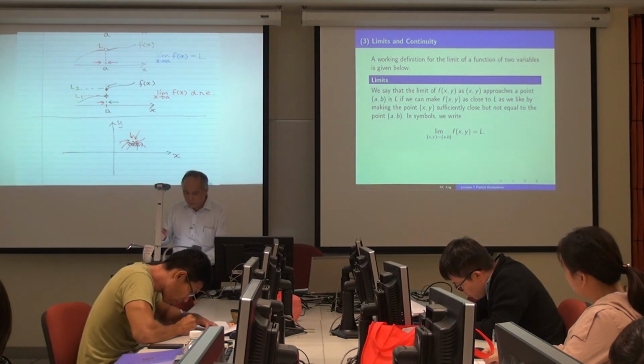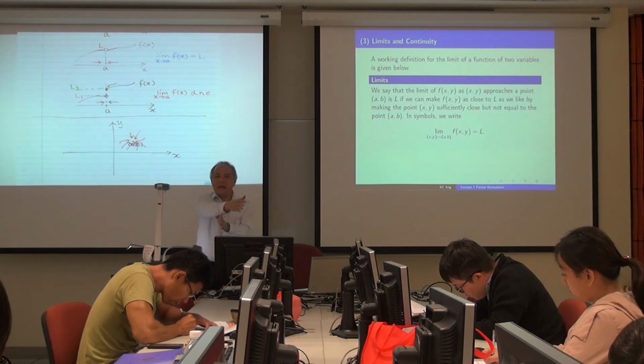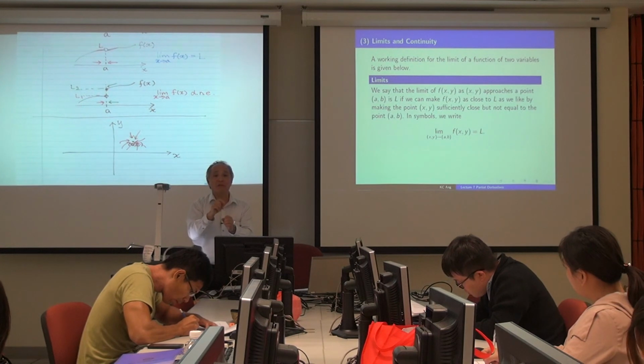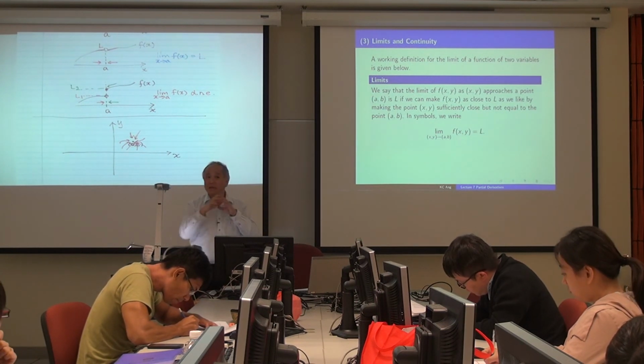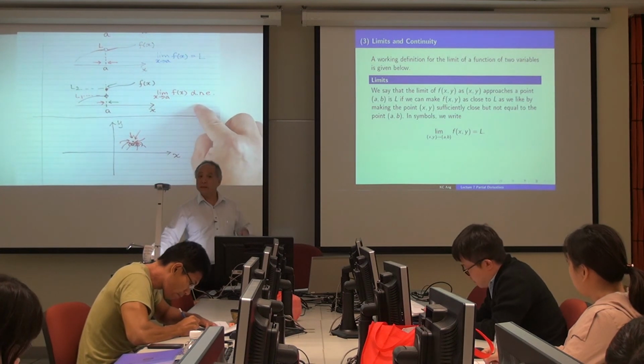As you move closer and closer towards AB along any path, every path, all the possible paths, if you still end up with the function value L, then the limit is L. So long as you have one path that doesn't end up in the same value L, the limit does not exist.